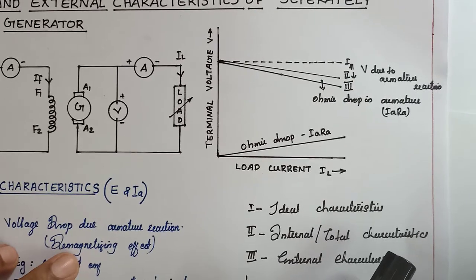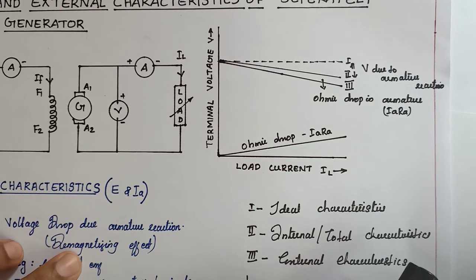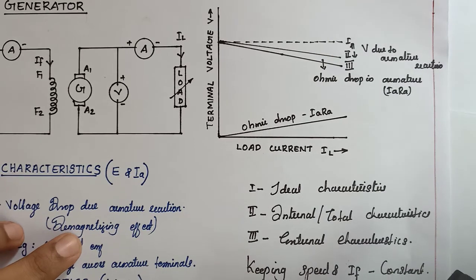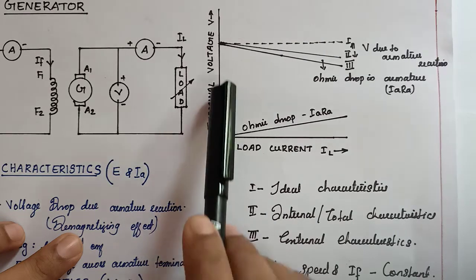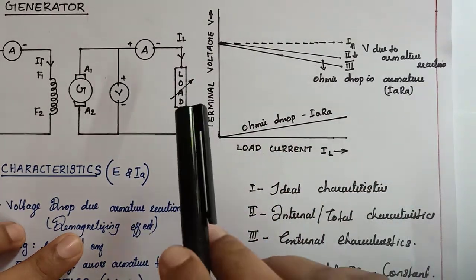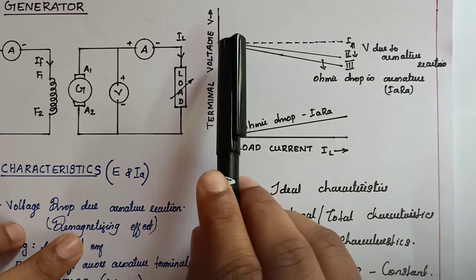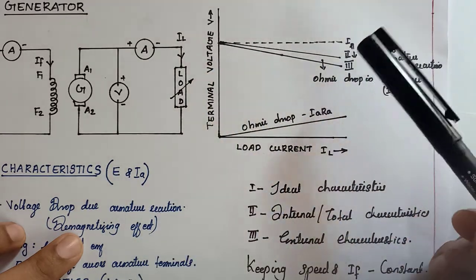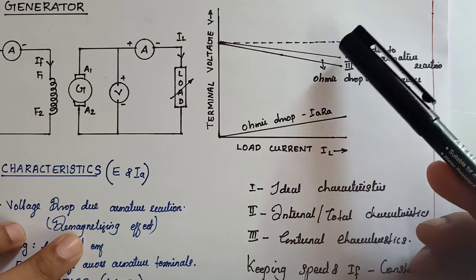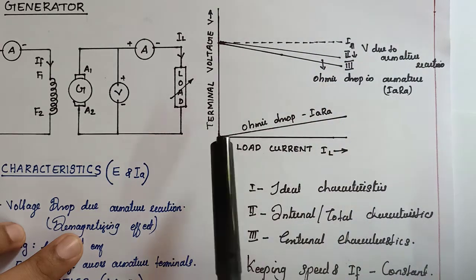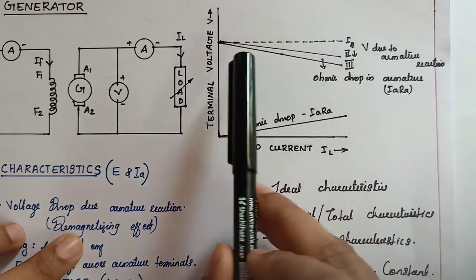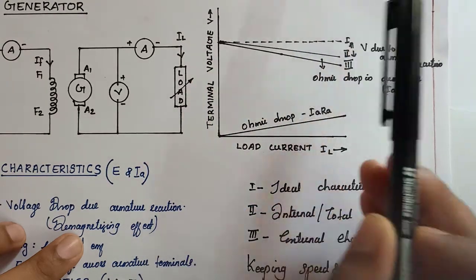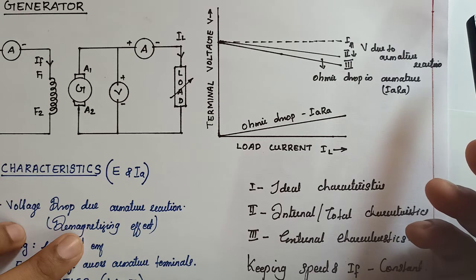Here you can see the characteristic curves for internal and external characteristics of separately excited DC generators. Here you can see the load current on this axis and the terminal voltage on the other, and three curves have already been drawn. This curve shows the ohmic drop, that is the voltage drop due to armature resistance, and the first curve is the curve for ideal characteristics.